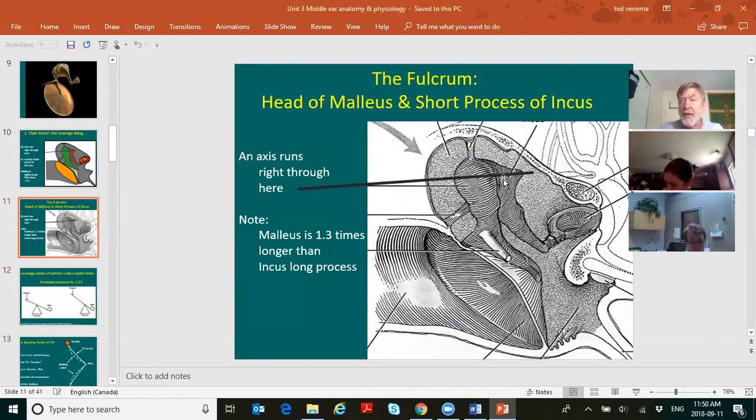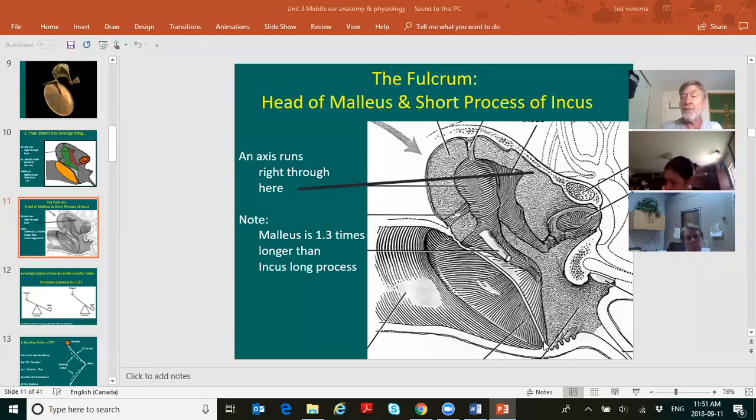The incus is a little bit shorter than the malleus. And so think of the axis as twisting here. In other words, if you look at my arms here, think of one as the malleus, and this is the incus. And think of this as that fulcrum. So think of the stapes as being stuck on the end of my elbow, like a little horseshoe.